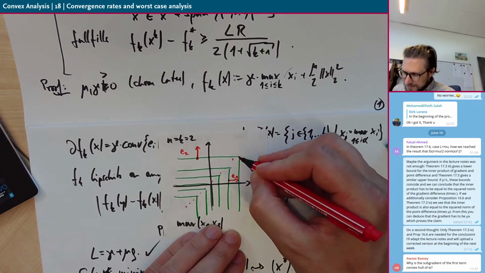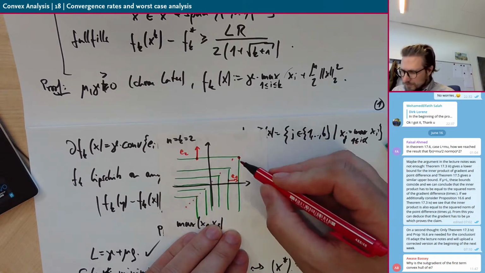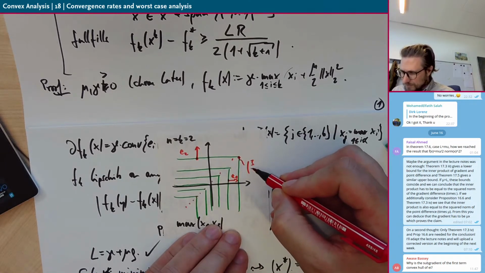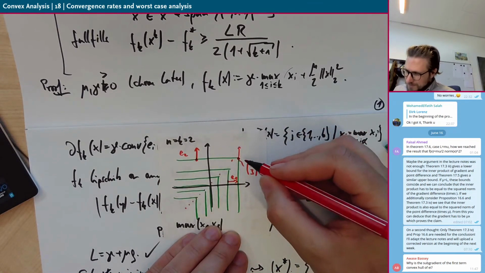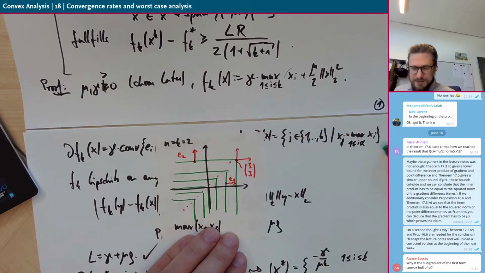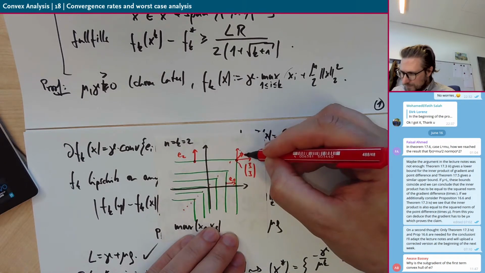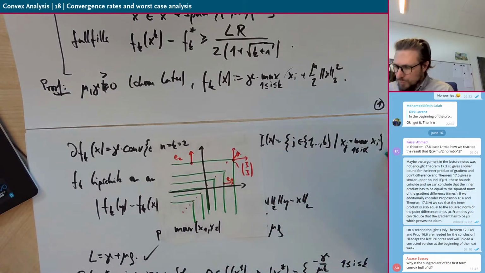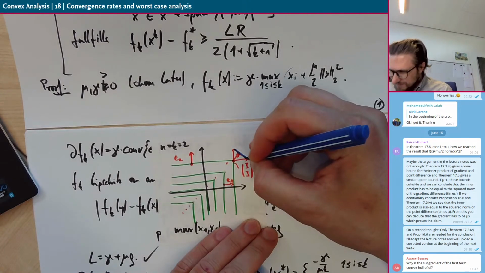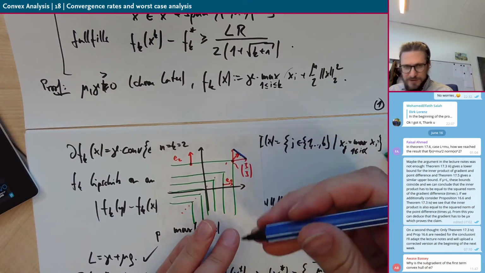But at points like these, where both entries are equal, let's say it's the vector (3, 3), both entries equal, then this is a subgradient, but also this is a subgradient, and also this is a subgradient. So all these vectors which point towards this line here, that's the convex hull of these two vectors, all the vectors which point to that blue line.